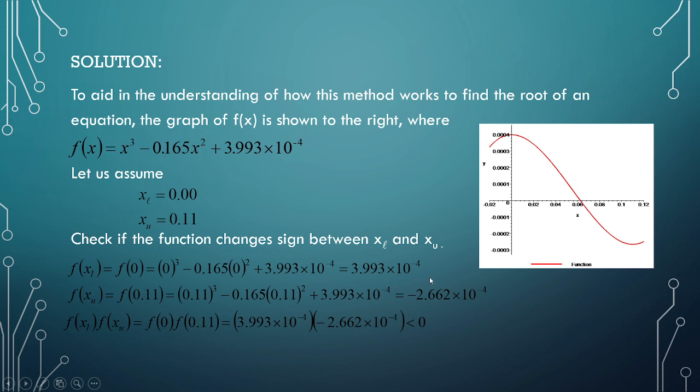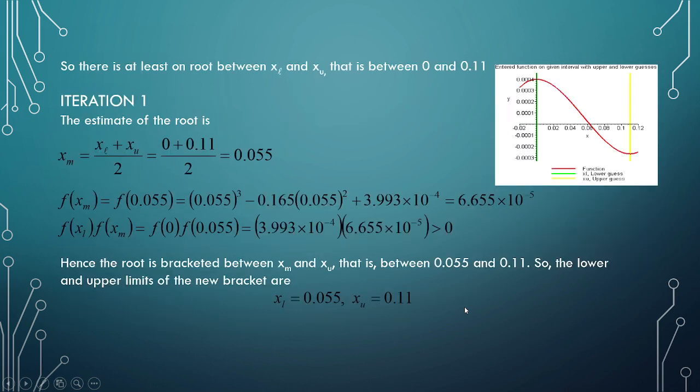You can also see the upper limit as minus 2.662 into 10 power minus 4. You can observe that the lower limit into the upper limit gives a value less than 0, so the root lies between these.